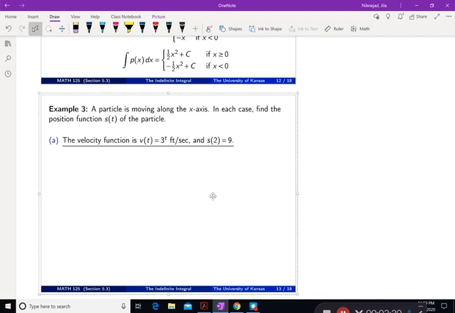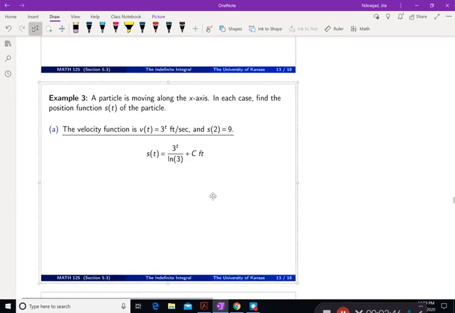The derivative of position is velocity. So s of t is the antiderivative of velocity. This one is the derivative of that one, so the other one is the antiderivative of this one. So taking the antiderivative, let's remember it's going to be undoing the derivative.